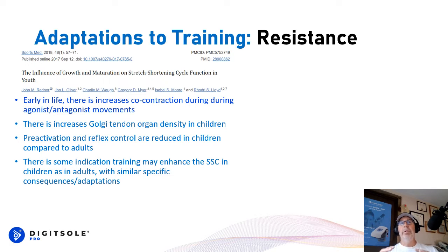But regarding the characteristics of improving the stretch shortening cycle, we see that the co-contraction effects in children are much greater than what we see in adults, for example. In other words, when there's a co-contraction with a closed chain activity, even open chain activities, we see the synergistic effect between opposing muscle groups.